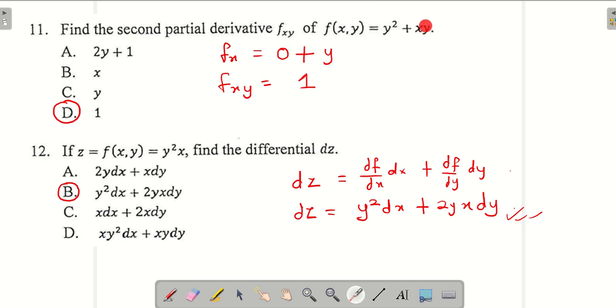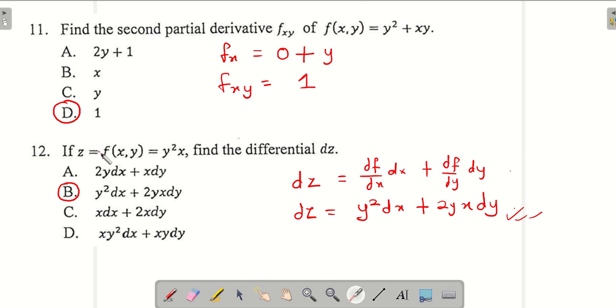Then here, we are differentiating with respect to x. When you differentiate x, you get 1. 1 times the constant y is y. So you get 0 plus y. Then you differentiate again with respect to y. When you differentiate 0, it's still 0. When you differentiate y with respect to y, you get 1. So the answer is 1.